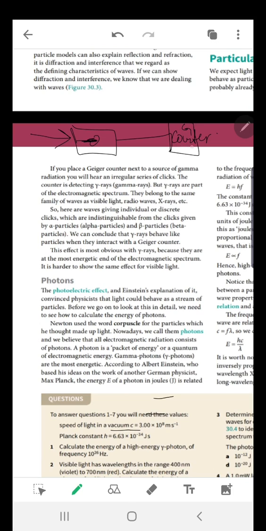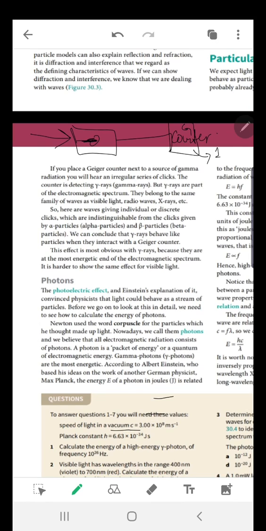This is the Geiger counter, and it is used to count each and every particle of gamma ray which is getting detected, and it will keep on adding up the counter. So he bombarded again, and the gamma rays are produced, and gamma rays are, we all know, part of the electromagnetic spectrum.